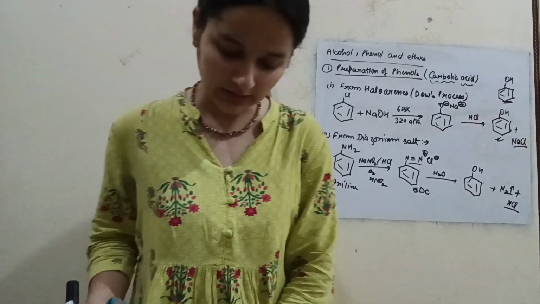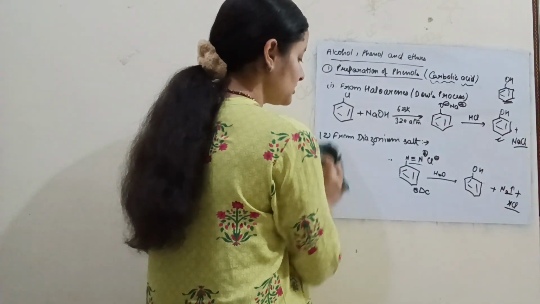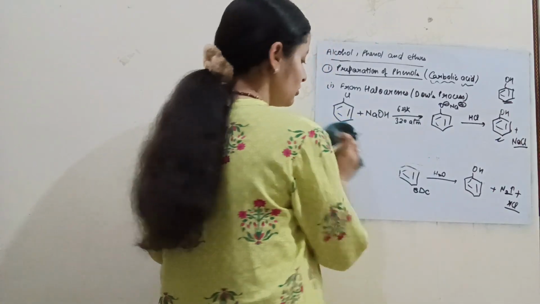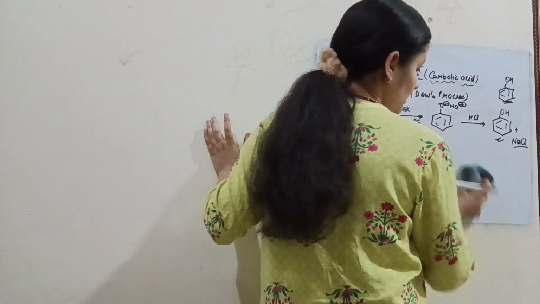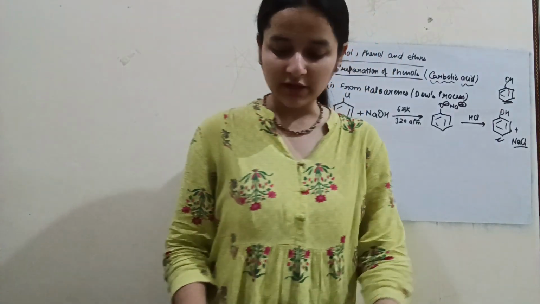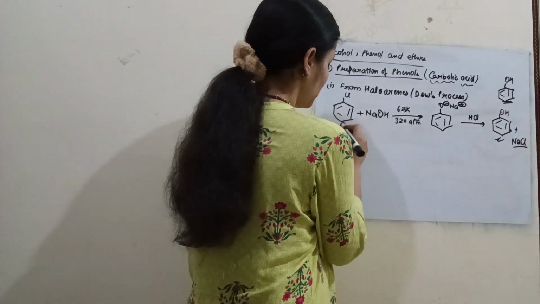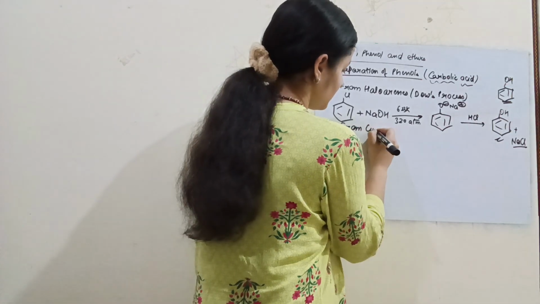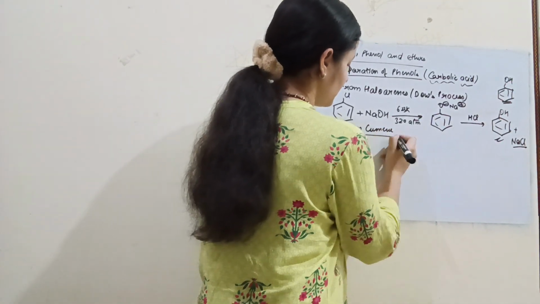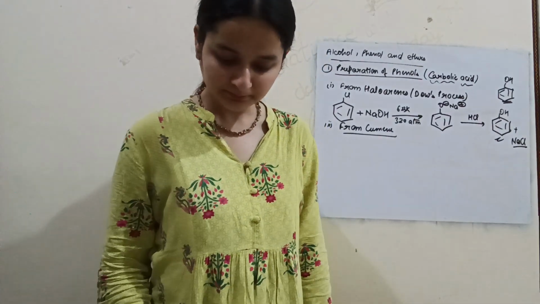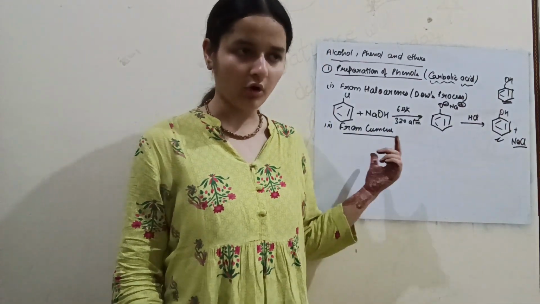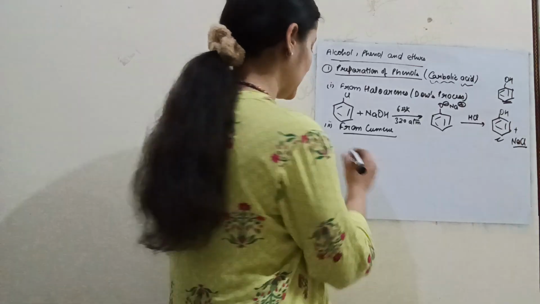Now let us start with the last preparation of phenol, which is the most important, most useful and most economical preparation for phenol. Second is from cumene. Cumene is isopropyl benzene.